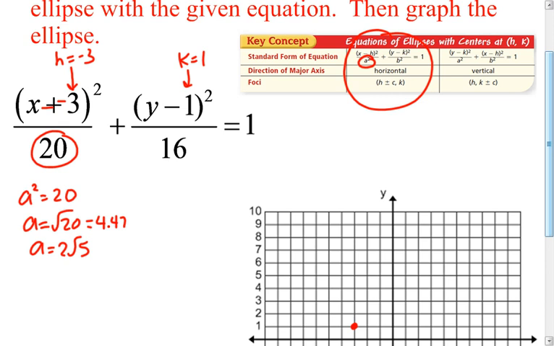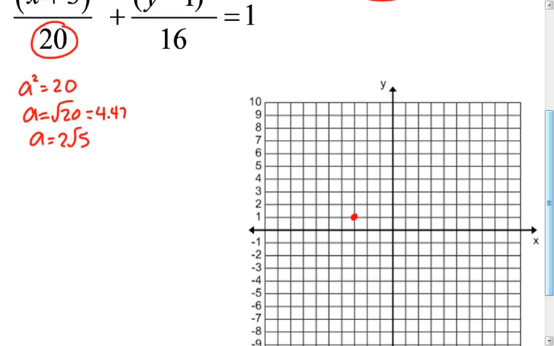So again, the a in this case is underneath the x, so that tells you that you're going to go the square root of 20, or 4.47, along the x, the horizontal axis in this case. So I'm going to go 4.47 to the left of my center, and 4.47 to the right of my center. Okay? And that's going to give me my longer axis.